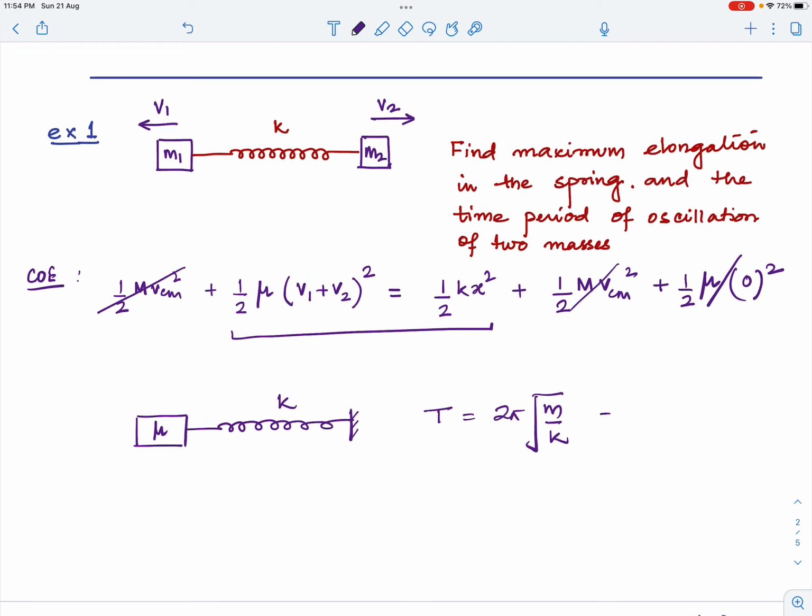This will now reduce to 2 pi root of mu by k, right? So, we can just substitute the value of mu here, 2 pi root of m1 m2 over m1 plus m2 times k will be the final answer. Simply, you do not have to do anything here, just consider the reduced mass system and find out the time period.